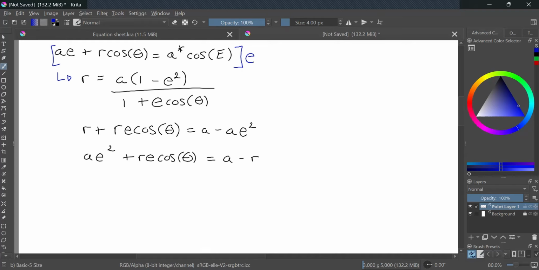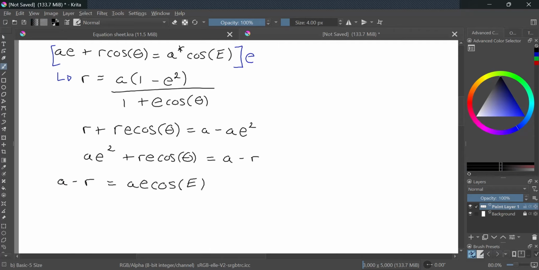But if we scale it by e, then we have this side being equal to this side, which means that we can have a minus r is equal to a e cosine of the eccentric anomaly angle.